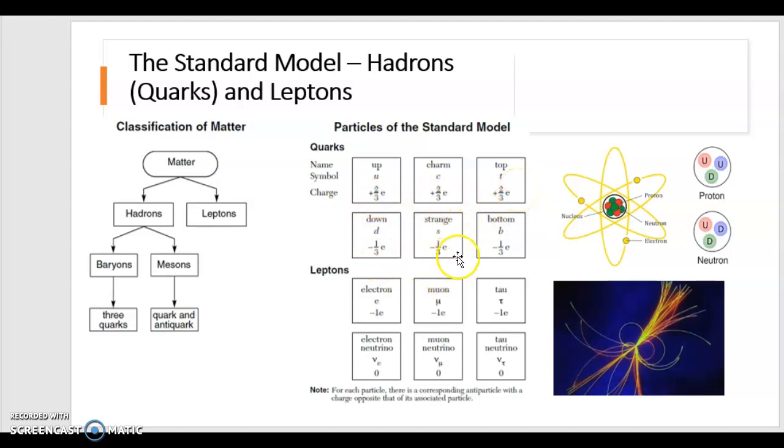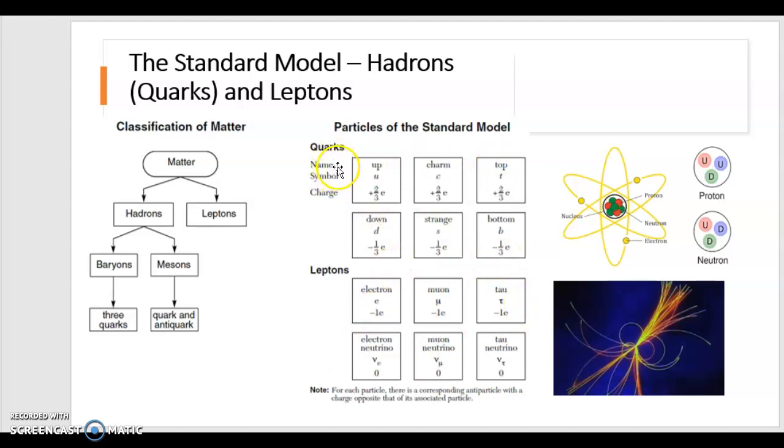The down quark, the strange quark, and the bottom quark all have the same charge, minus 1/3. The electron, the muon, and the tau all have the same charge, minus 1, and the three neutrinos all have the same charge of 0. So they all seem to be similar in charge.